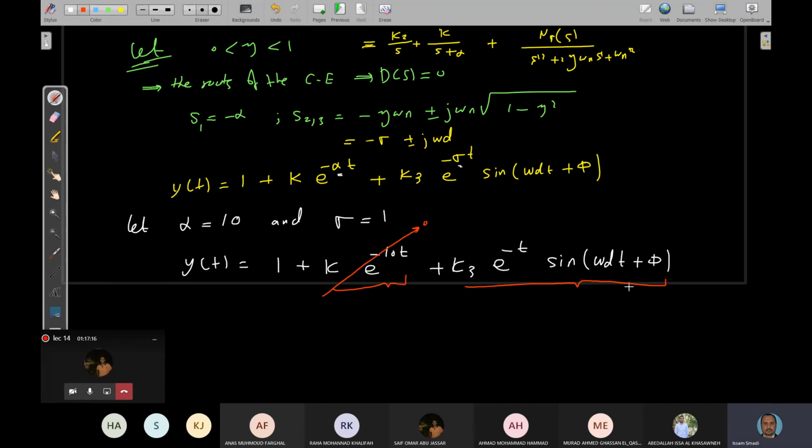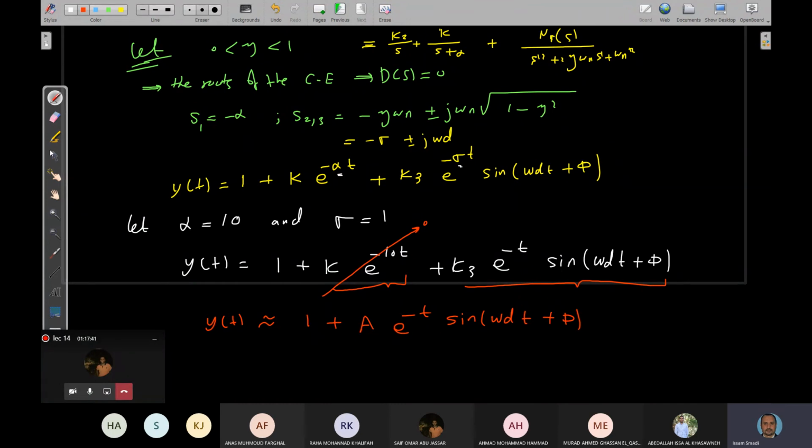So this means that y of t can be approximated to be 1 plus another gain, exponential minus t sine omega d t plus phi. Which means that all the response is characterized by the second order system, not the first order system.